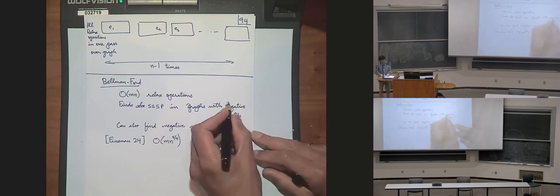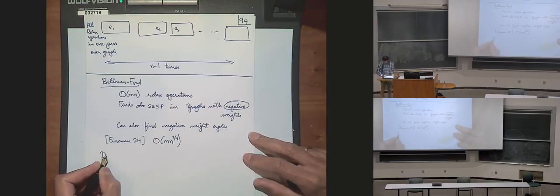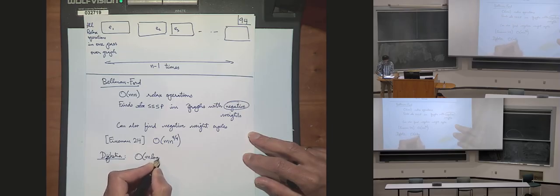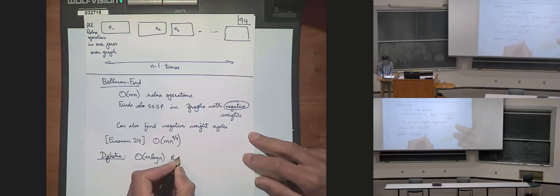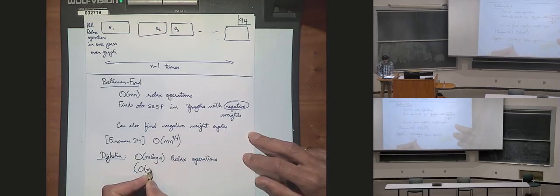So that's what you have when you have negative weights. But there's the famous algorithm of Dijkstra. Dijkstra's algorithm gets you O of m log n relax operations, and technically you can actually make it O of m plus n log n.